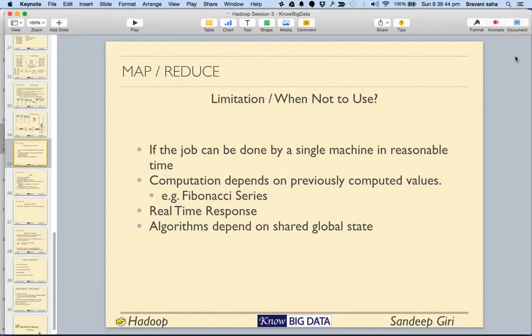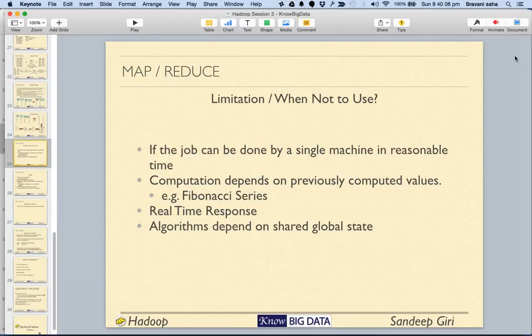All right. There's a common question: in what circumstances should we not use MapReduce? First, if you are happy with a single node and you have no plan of handling bigger data, then you don't require multiple nodes.